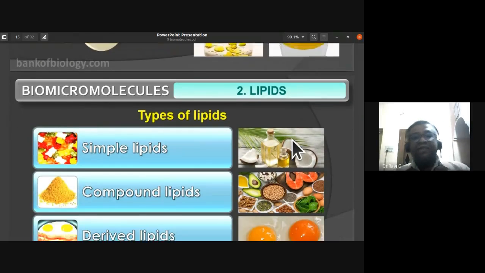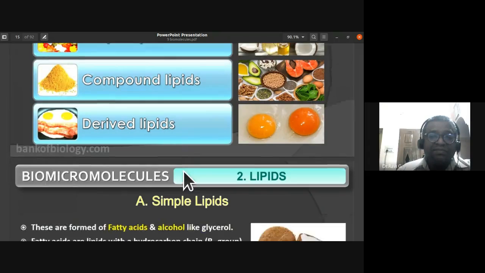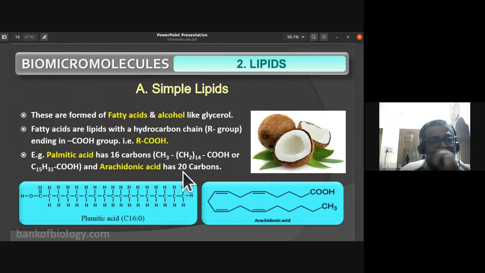So what are the types of lipids that we have? Simple lipids, compound lipids, and derived lipids, as in the case of cholesterol in the yolk of egg, are the types of lipids. Simple lipids, what are they formed of?